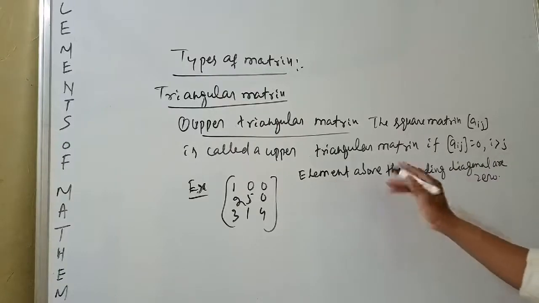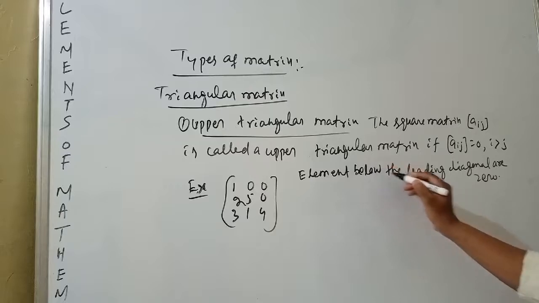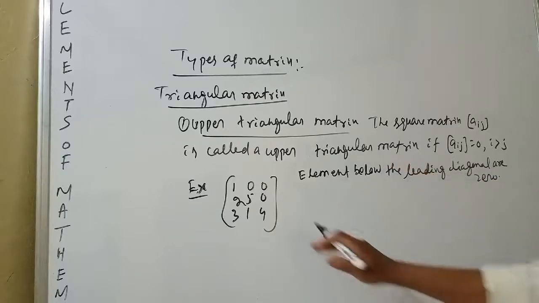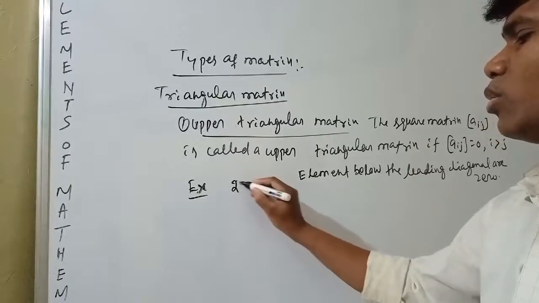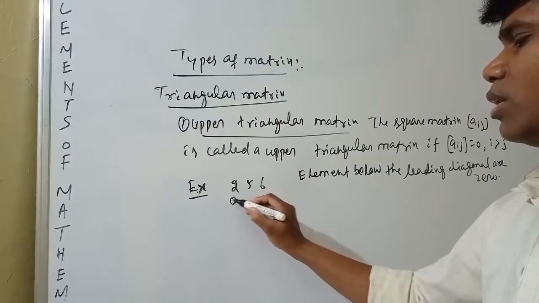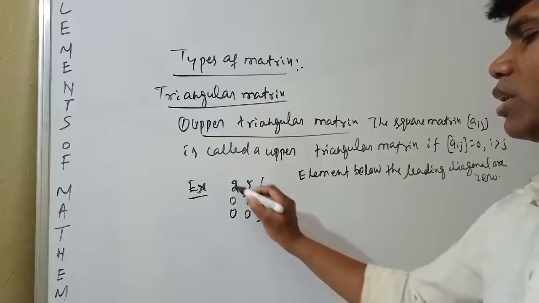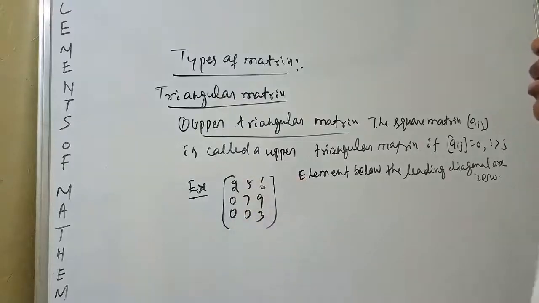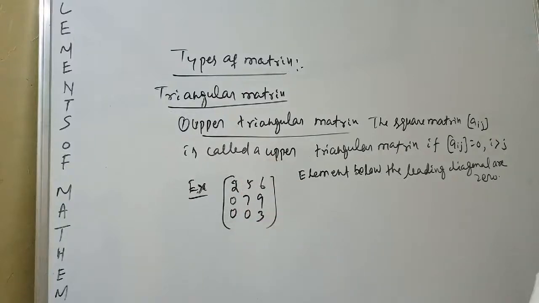The elements below the leading diagonal are 0. For example, 2 5 6, 0 7 9, 0 0 3. This is the example of an upper triangular matrix.